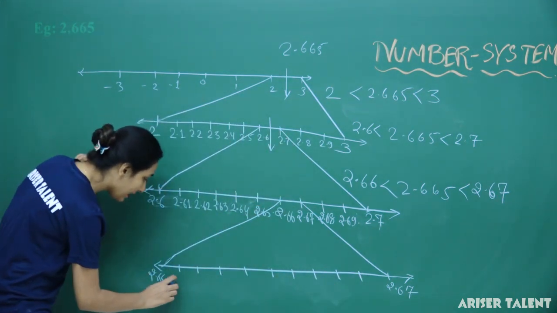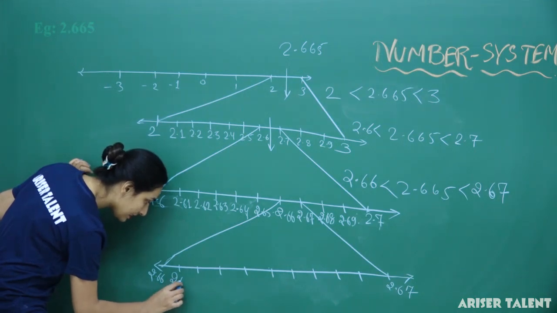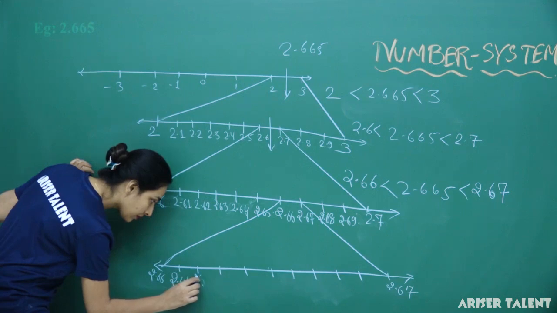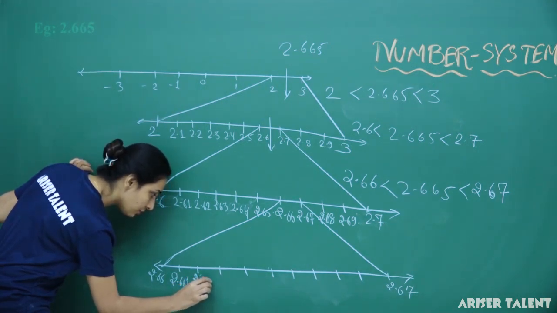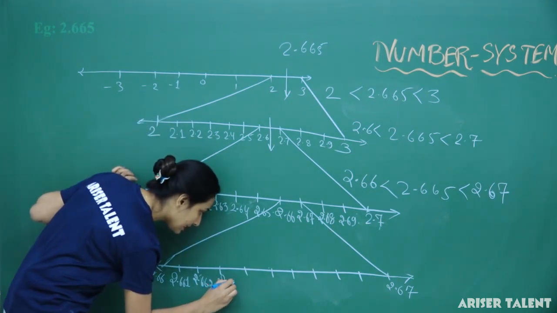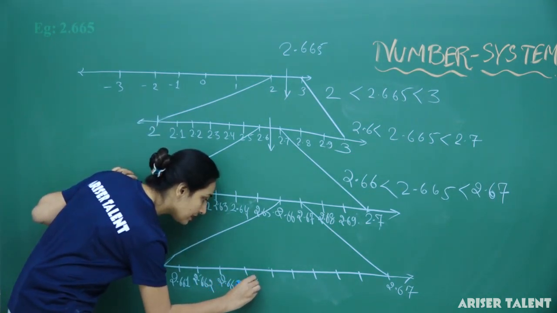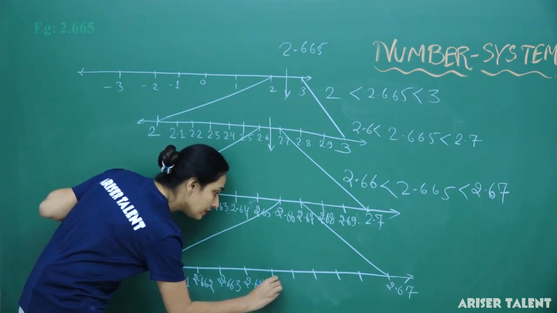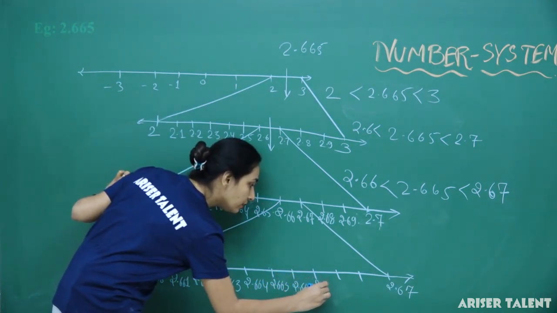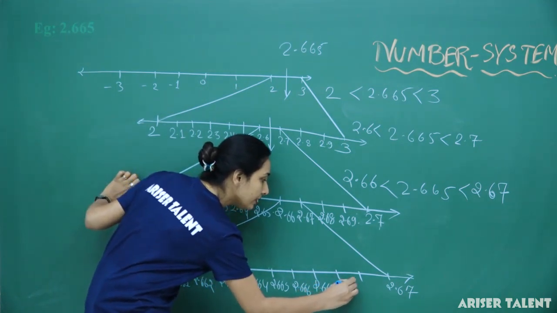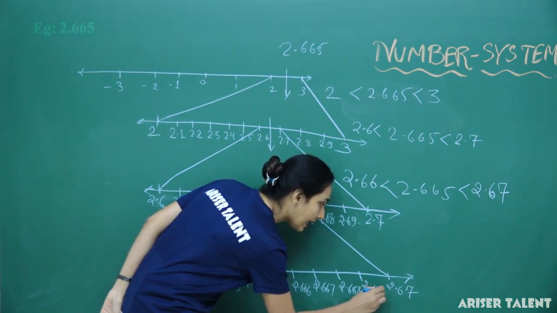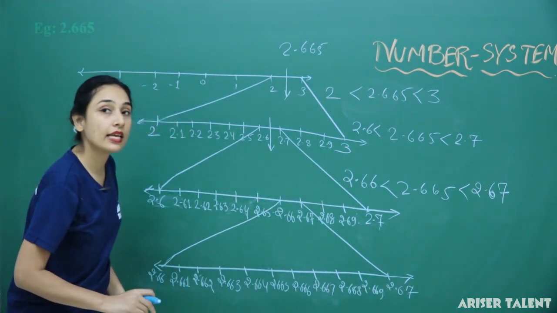Now I will be writing 2.661, 2.662, okay, then 2.663, 2.664, 2.665, 2.666, 2.667, 2.668, 2.669 and then 2.67.